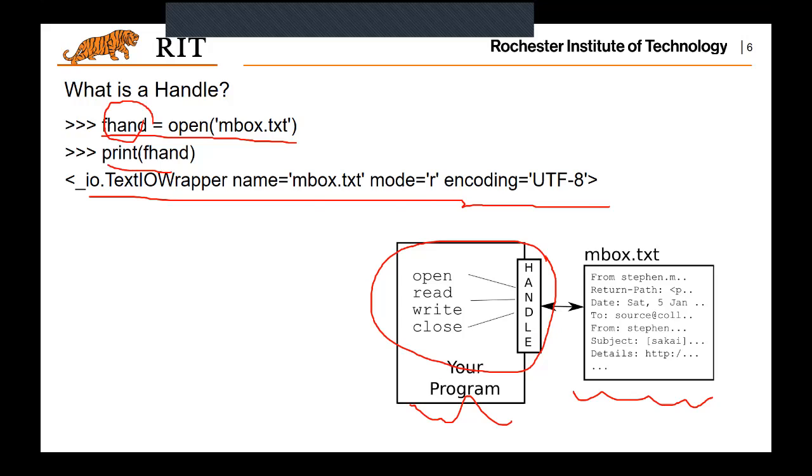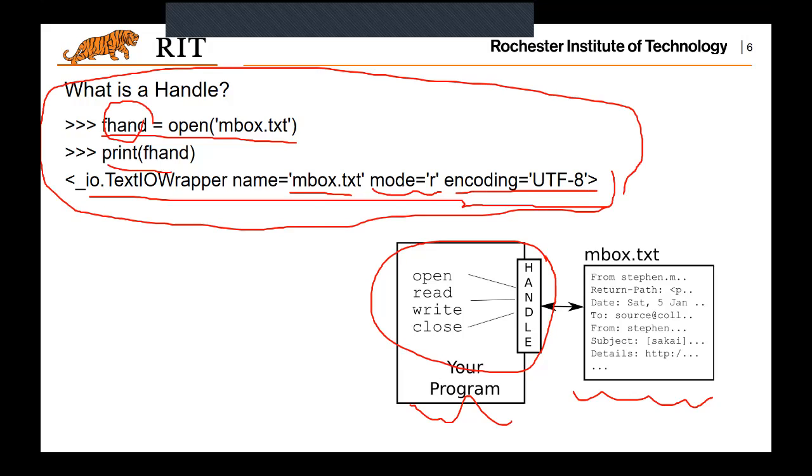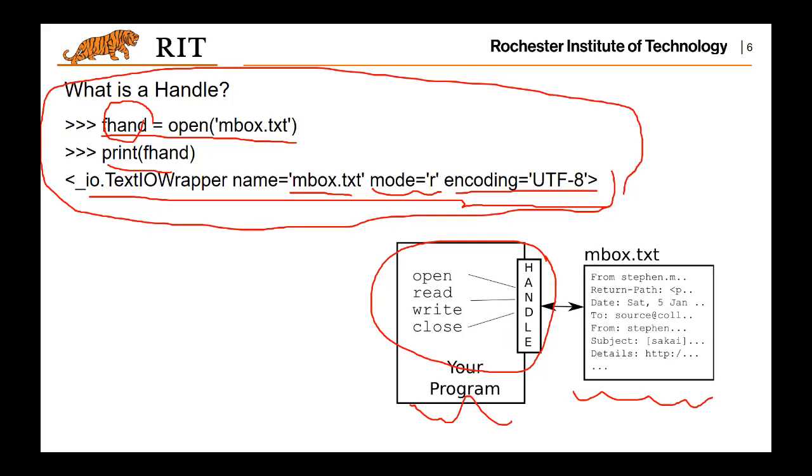For example, the name of the file, the mode for the open function, which currently is R, and what the encoding method is, that's UTF-8, right? So that's what the handle is used for. And you will see we will make use of the handle in many cases for reading files. All right.